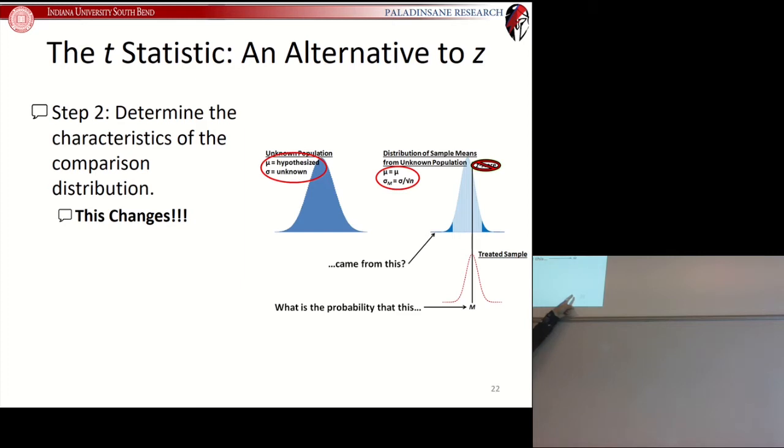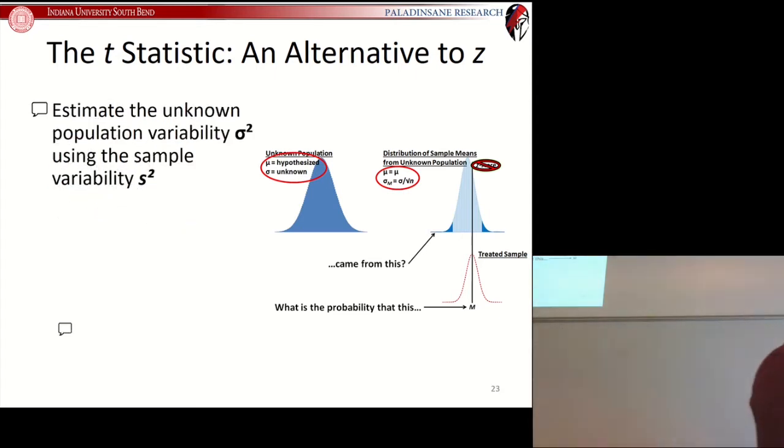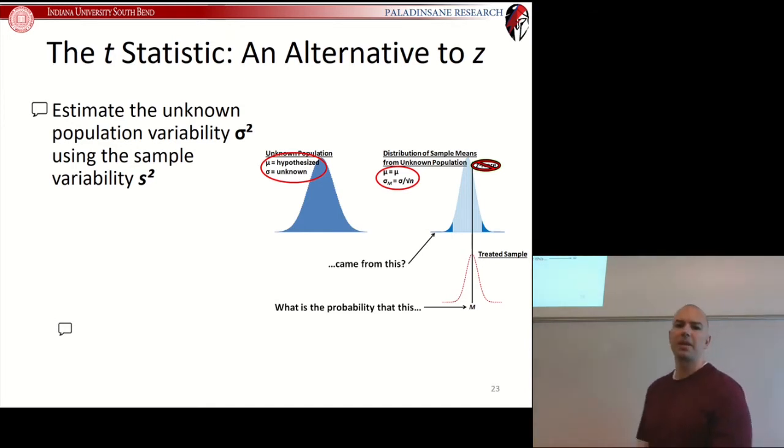So that's going to be the basic difference between what we did before and what we did now. Instead of taking the population standard deviation, which we can no longer take because it's unknown, we're going to take the sample's standard deviation and use that to stand in for the population standard deviation.